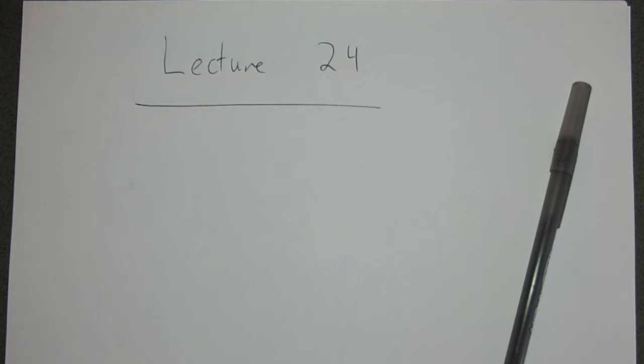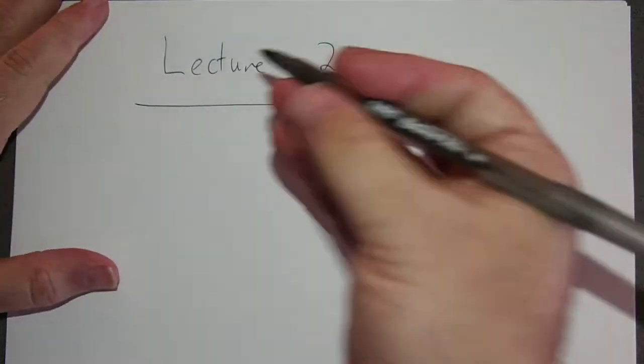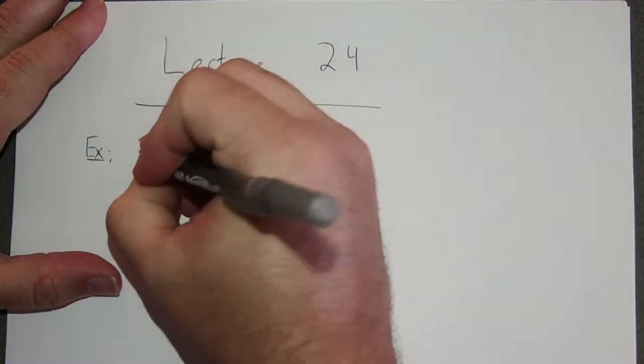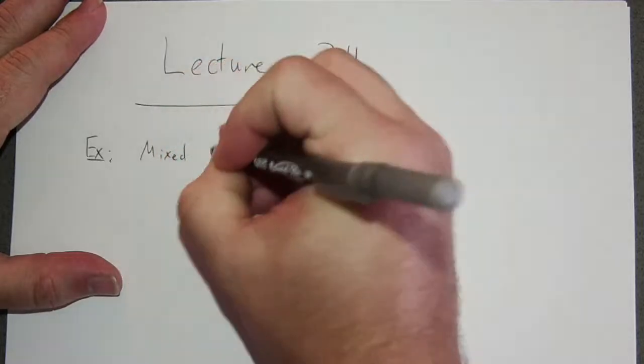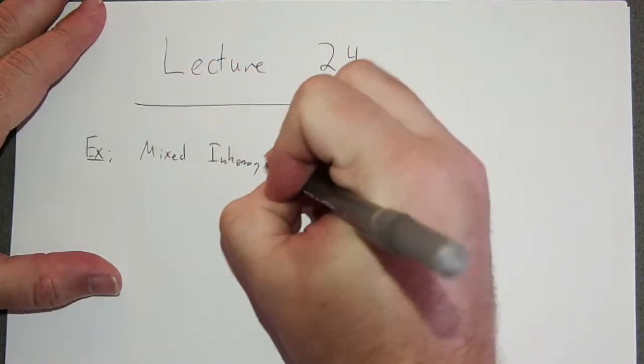So I think what we did last were mixed boundary conditions, so it makes sense to talk about mixed inhomogeneous boundary conditions. That's my next application of this stuff. So mixed inhomogeneous boundary conditions.